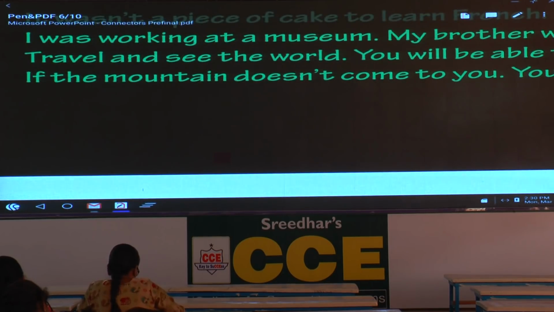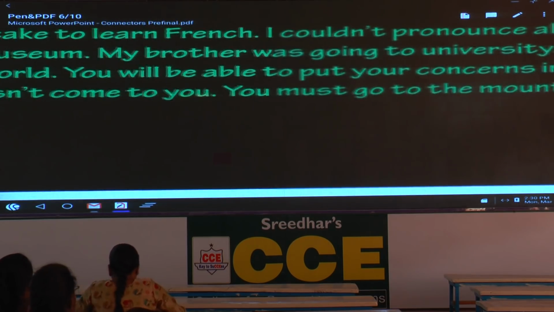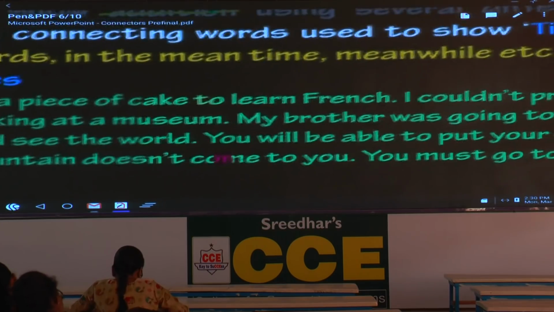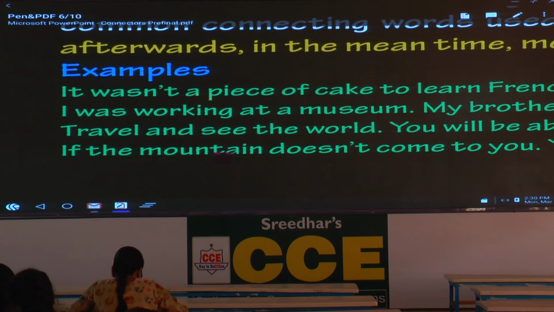So what is the first sentence here? Travel and see the world. You will be able to put your concerns in perspective. So what do you think? Afterwards or then. Afterwards is a better word. Please write. Afterwards, you will be able to put your concerns in perspective.